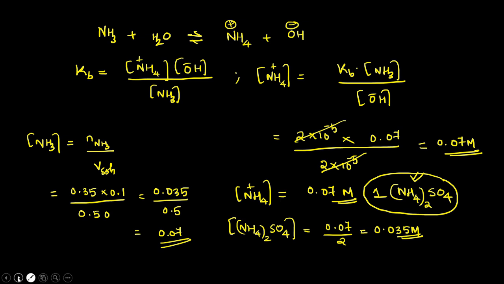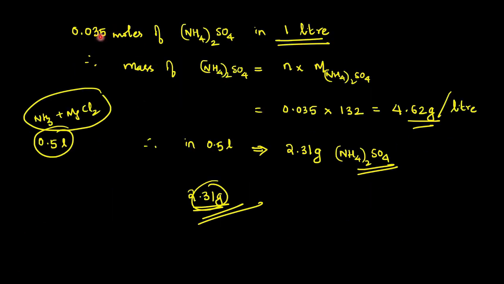Molarity is moles per liter, so 0.035 molar means 0.035 moles of ammonium sulfate in 1 liter. From that we found the mass of ammonium sulfate per liter of solution. Then we found it for half liter and got the answer as 2.31.